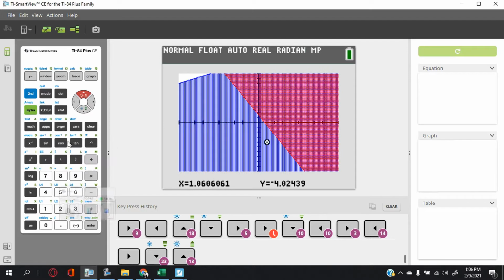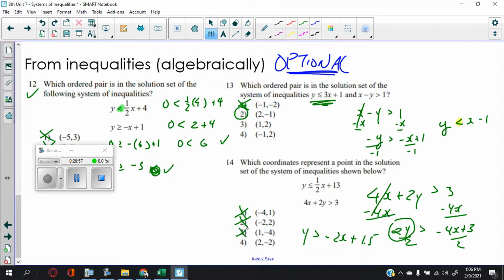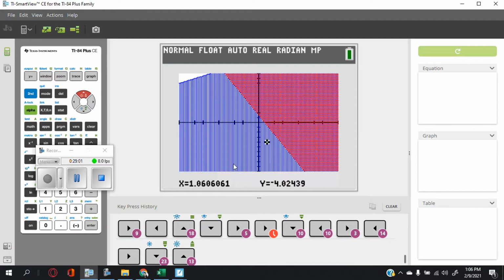Yeah, 1, negative 4 is outside the area, so that's no good. Well, it has to be 2, negative 2 then. We don't really have a choice. 2, negative 2. Let me go up to negative 2. Yeah, wow, barely in there.